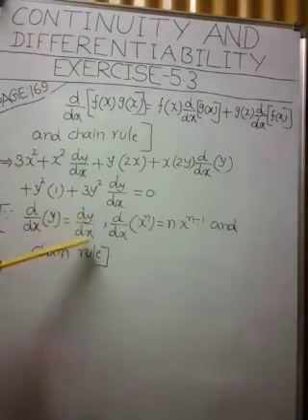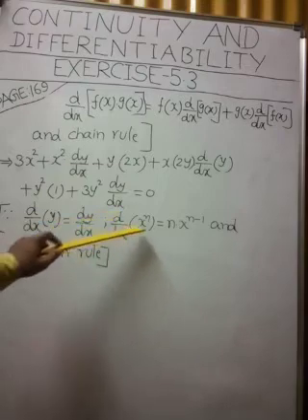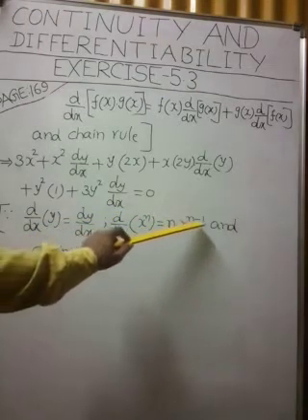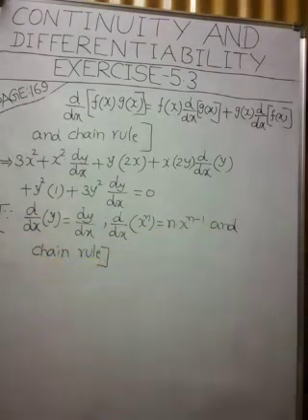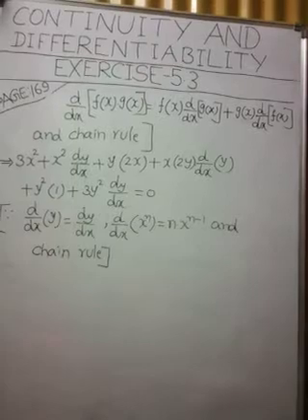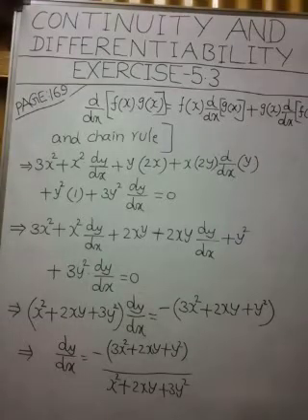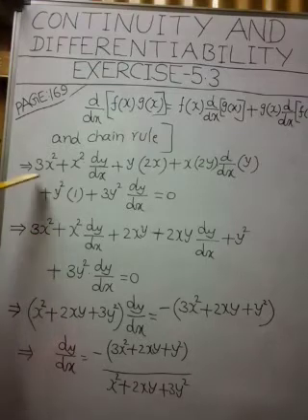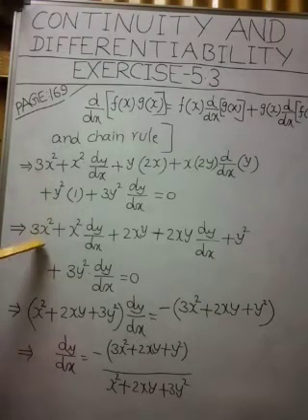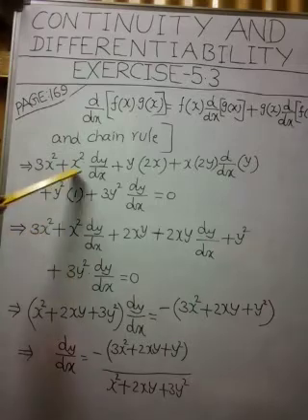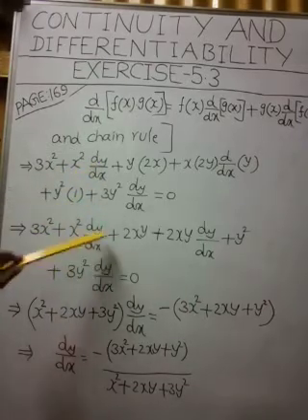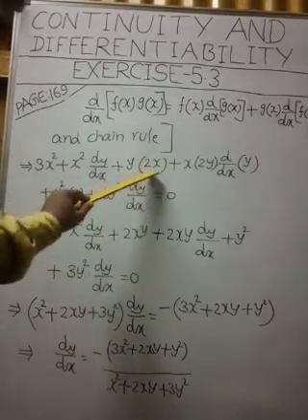Right. Because d by dx of y is equal to dy by dx. D by dx of x power n is equal to n into x power n minus 1. And we used chain rule also. Understood, my dear children? Right. So after this step I am writing this step. First term as it is, 3x square, plus x square into dy by dx, plus y into 2x.